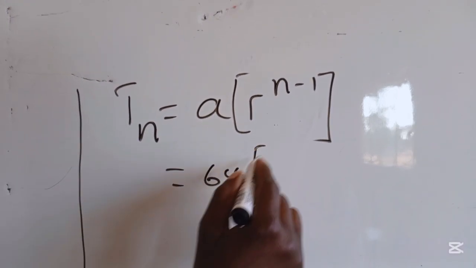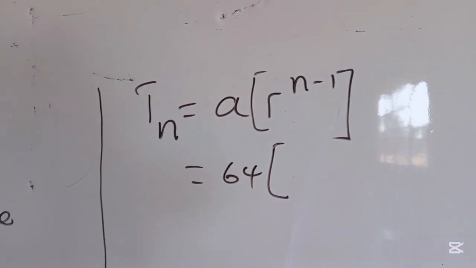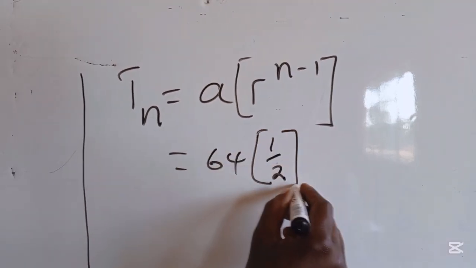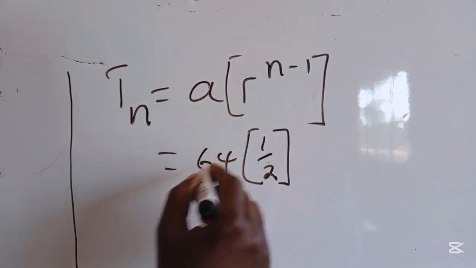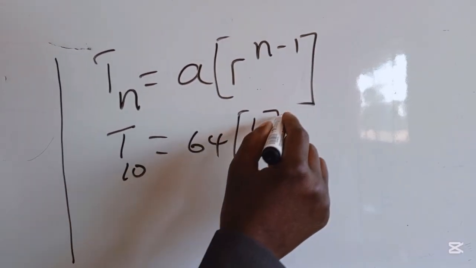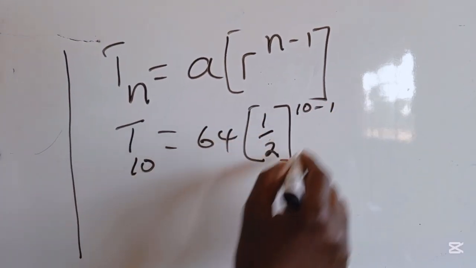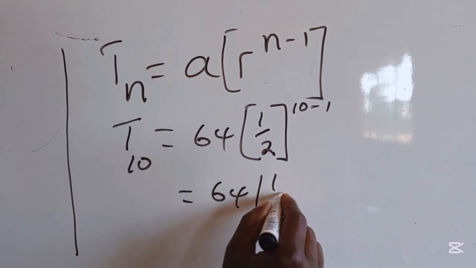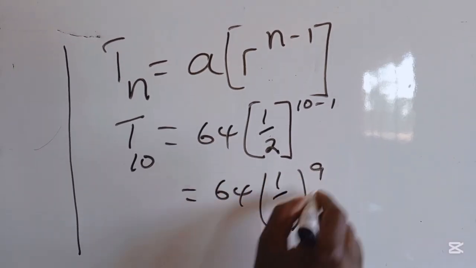And this is my r. What is my r? In this case, it is 1 over 2. Since they are talking about the 10th term, it will be 10 minus 1, which is 9. So that is 64 times 1 over 2 to the power 9.